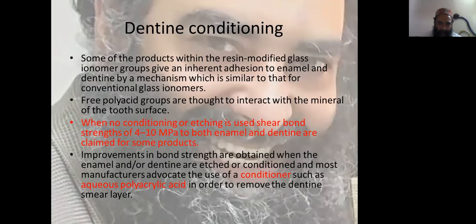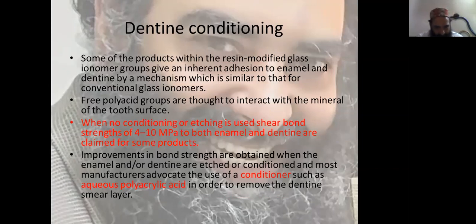Free polyacid groups are thought to interact with the mineral of the tooth surface. When no conditioning or etching is used, shear bond strength of 4 to 10 megapascal to both enamel and dentine are claimed for some products.